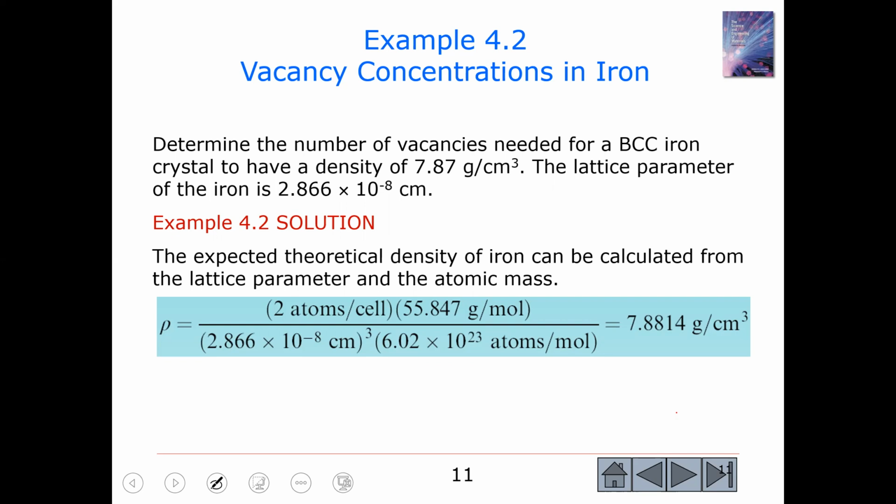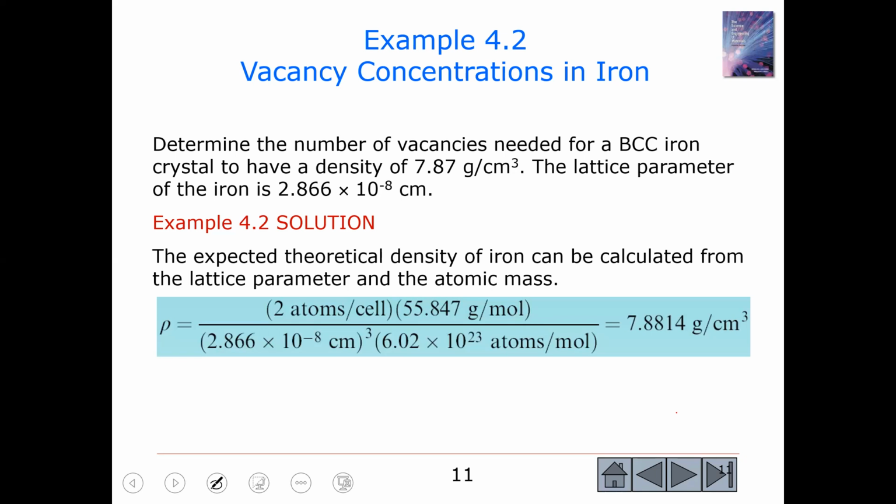For that, we have a formula from chapter number 3: the density of the material can be found by the number of atoms per unit cell multiplied by the molecular mass, divided by the volume of the unit cell multiplied by the Avogadro number.